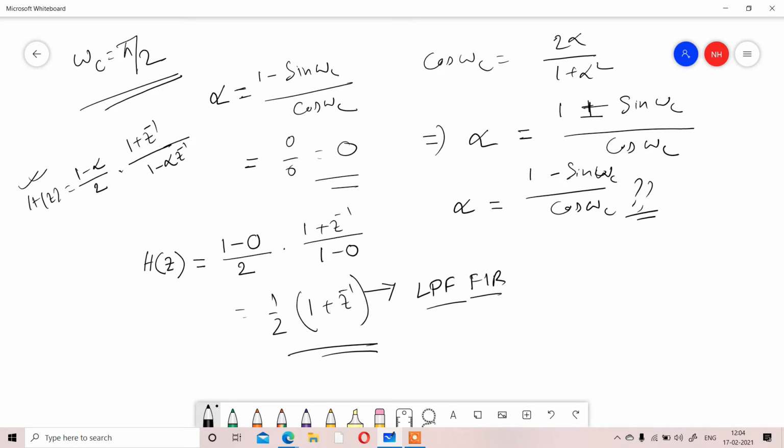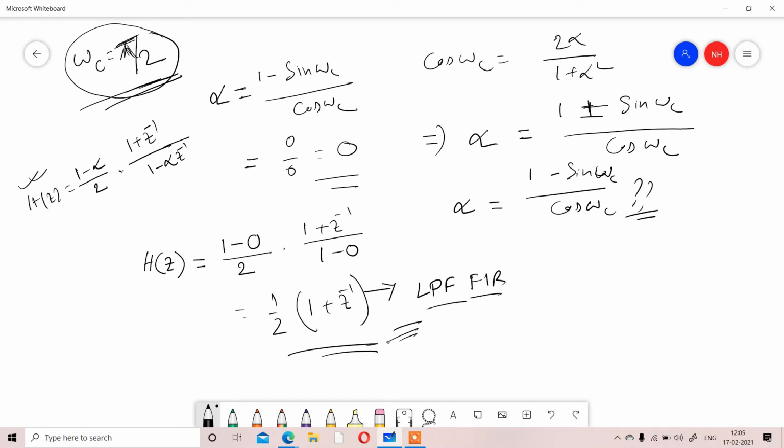Means what? That establishes that if we consider omega c within the range of pi, any value of omega c you can consider, you will get a FIR filter. Means for omega c value within the range pi, if we want to design, you don't need to consider the IIR filter.